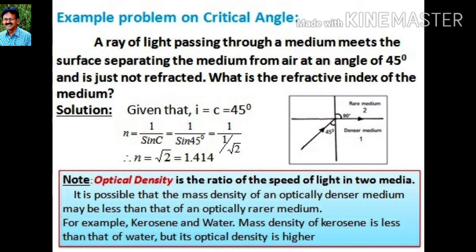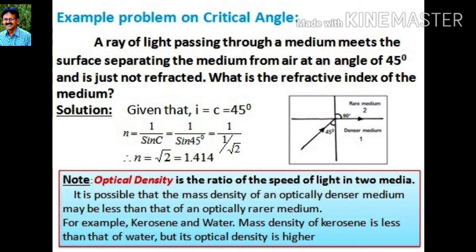Now, you should know what is optical density. Optical density of a medium is different from its mass density. It is the ratio of speed of light in two media. It is possible that the mass density of an optically denser medium may be less than that of an optically rarer medium. For example, kerosene and water.